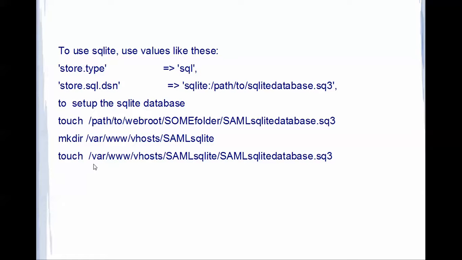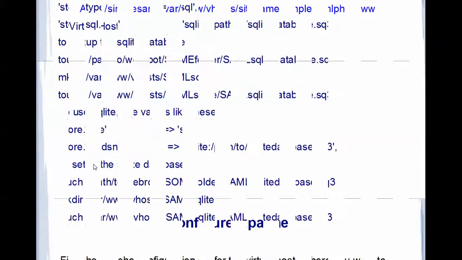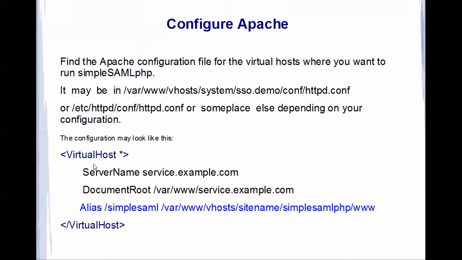Prior to this particular project I was working on, I hadn't really used SQLite, but it was really easy to get it working. Essentially, define a path to a SQLite .sq3 file, and define that location within the configuration file of Simple SAML PHP. That was pretty much it.